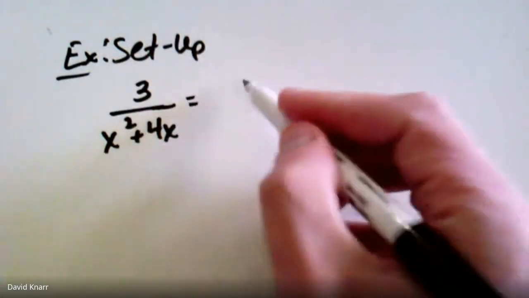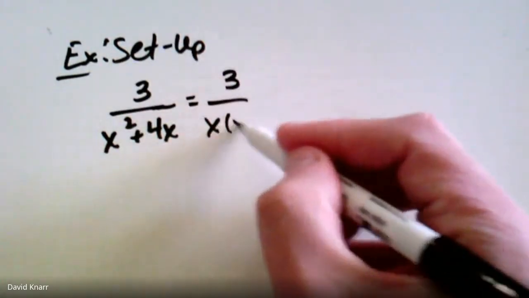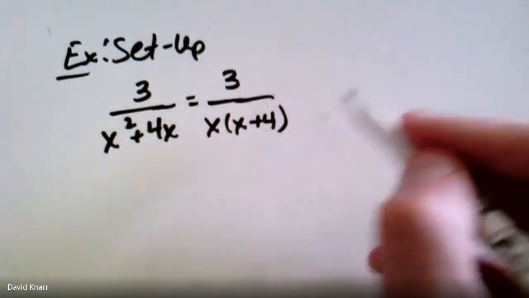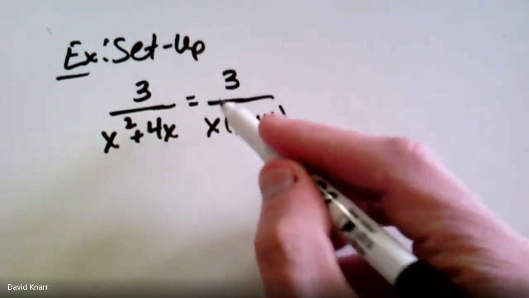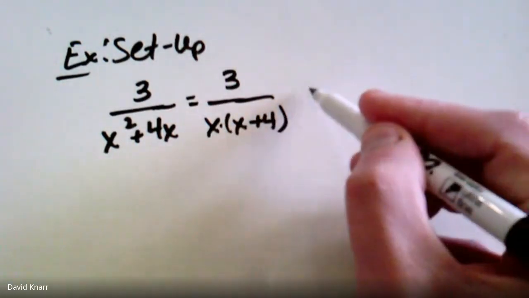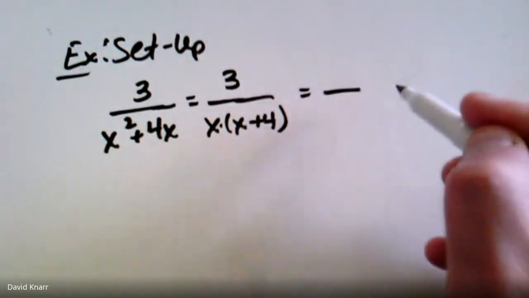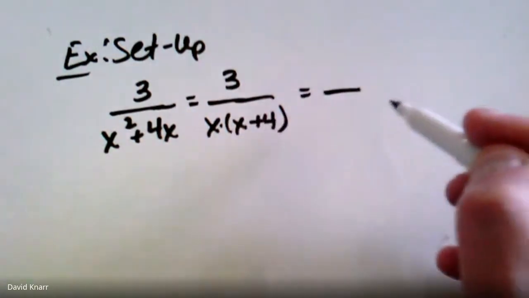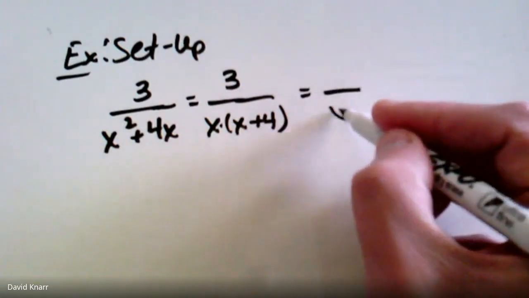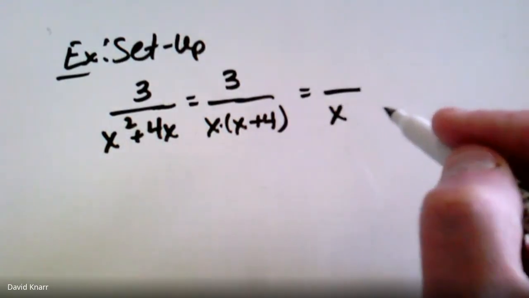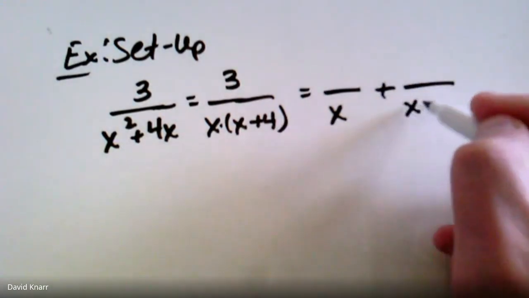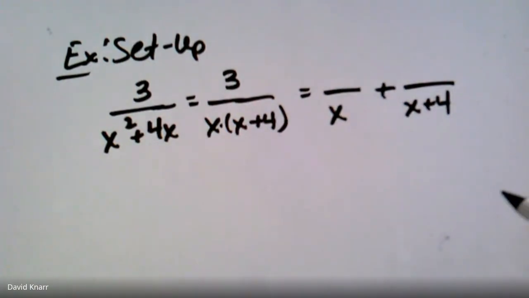So you do that by doing this. You're going to factor your denominator. Okay, there's a GCF there. Now, this is the common denominator, x times x plus 4, which means that if I were going to break this up, then it's certainly possible that one of my denominators would be an x, and the other denominator would be an x plus 4.